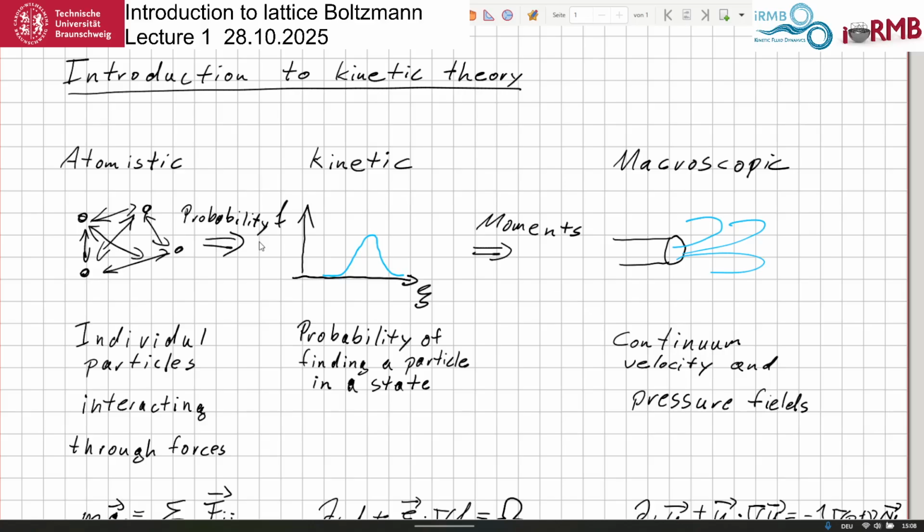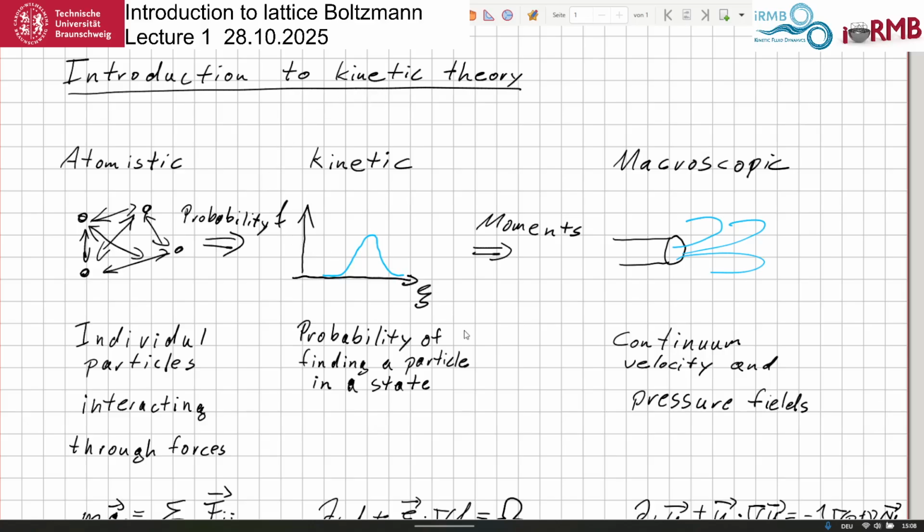But if I have a larger class and ask what is the probability that this seat will be taken, or that 30 people come to my lecture, then it becomes more efficient to describe it by probability. So you can go from individual particles to probability of particles.